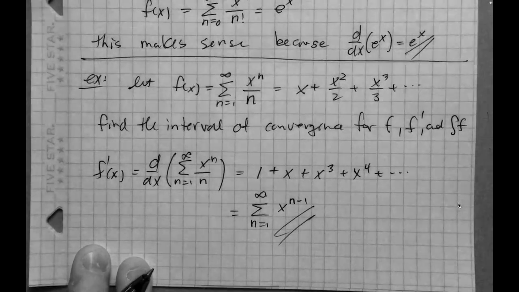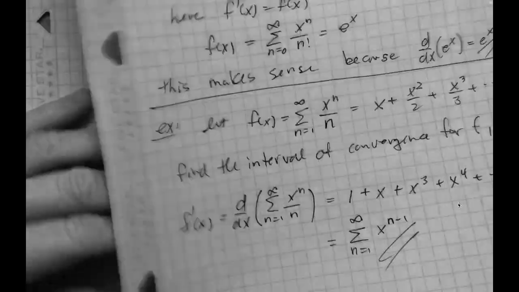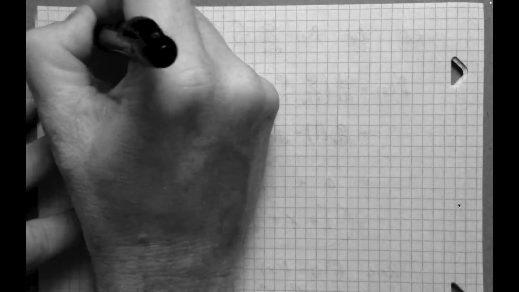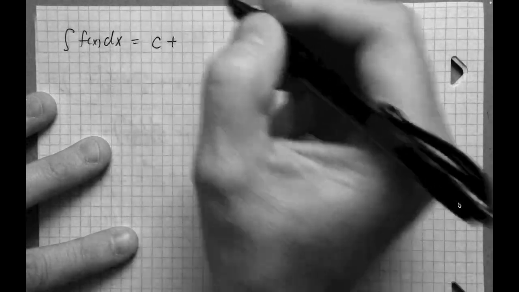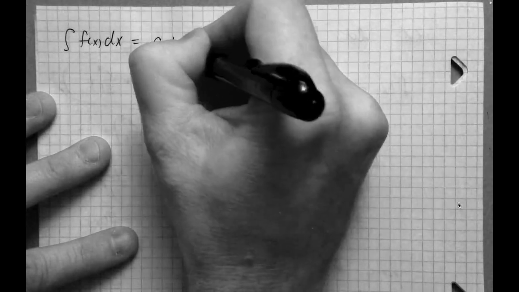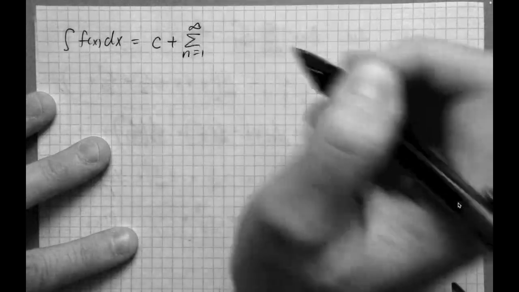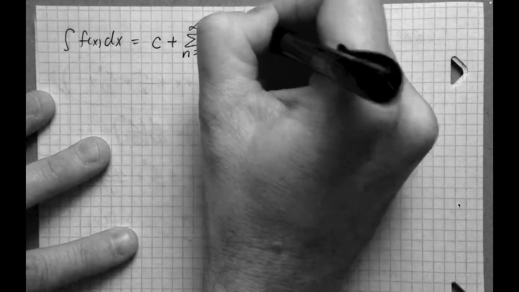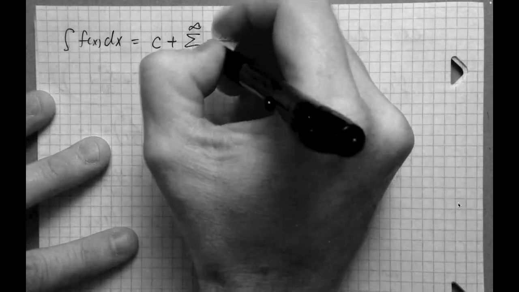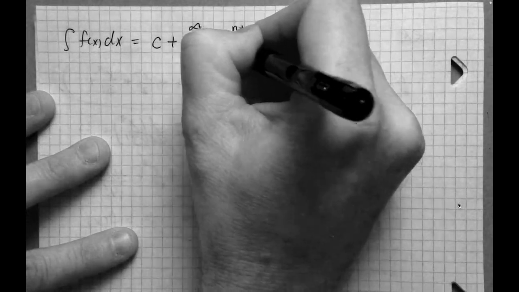Now, what about the integral? Let's calculate the integral of f of x dx. Using the form, we know this is going to be c plus the sum from n equals 1 to infinity of x to the n plus 1 over n plus 1 times n.